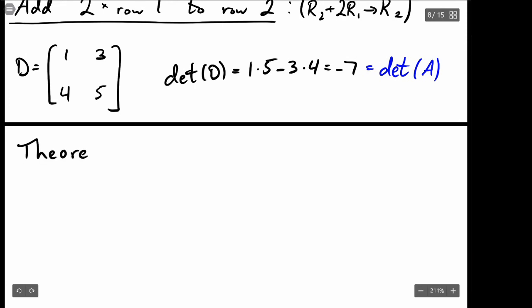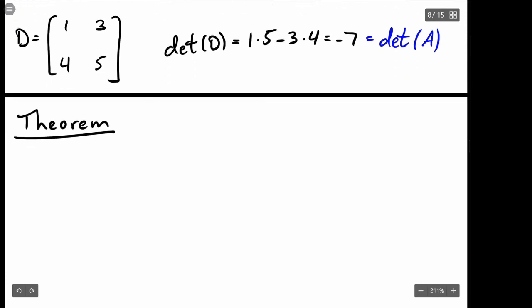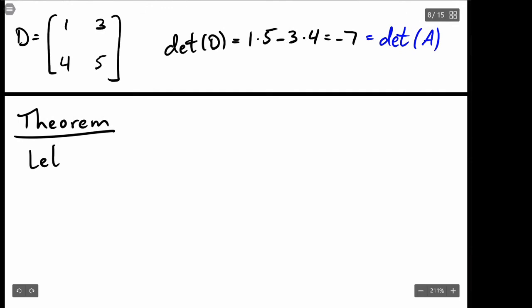Right, so what we're going to do is let A and B be square matrices.